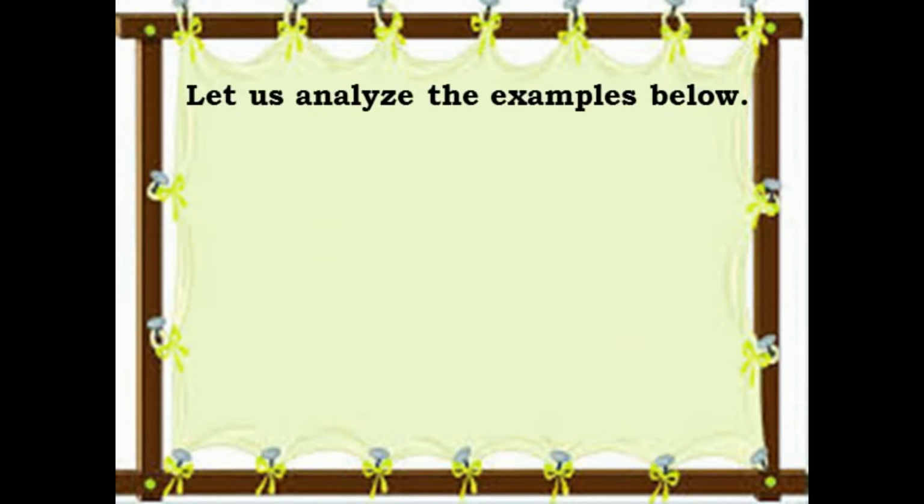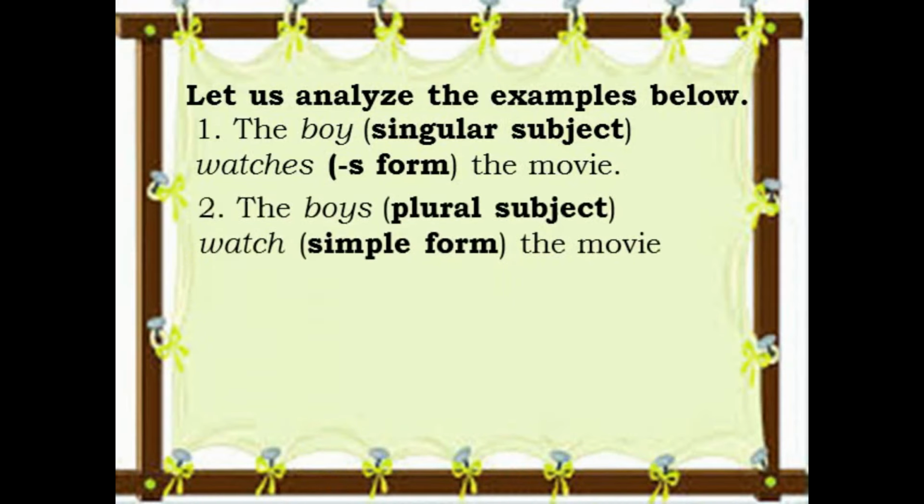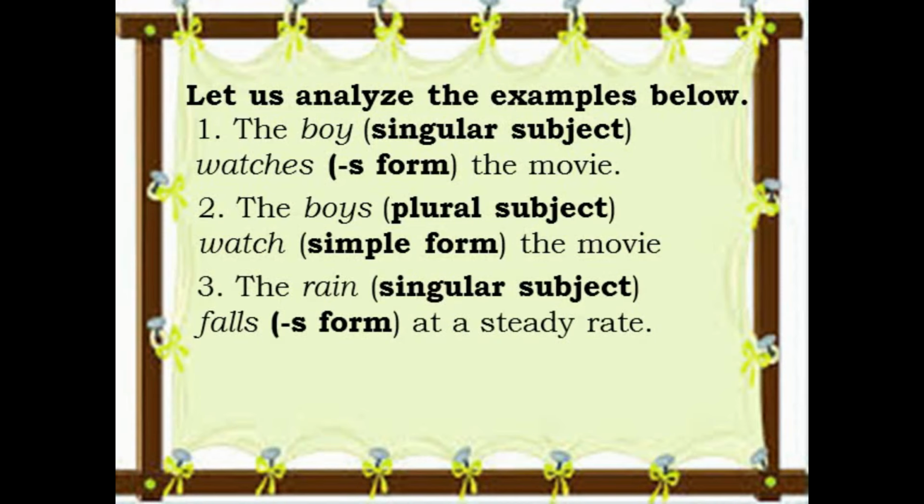Let us analyze the examples below. 1. The boy watches the movie. Singular subject, boy. S form, watches. 2. The boys watch the movie. Plural subject, boys. Simple form, watch. 3.